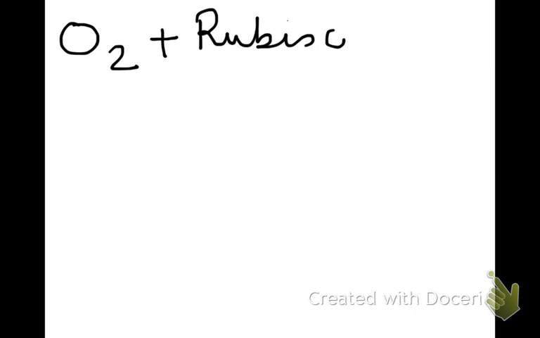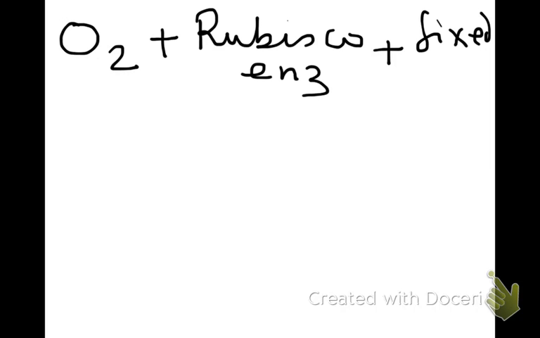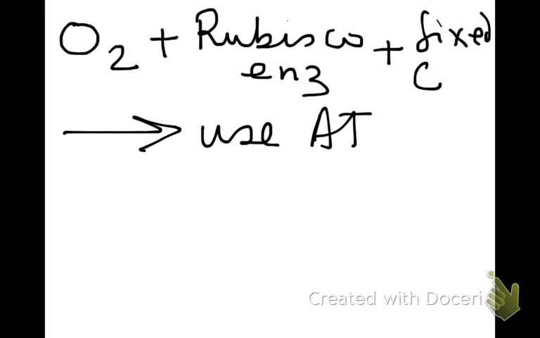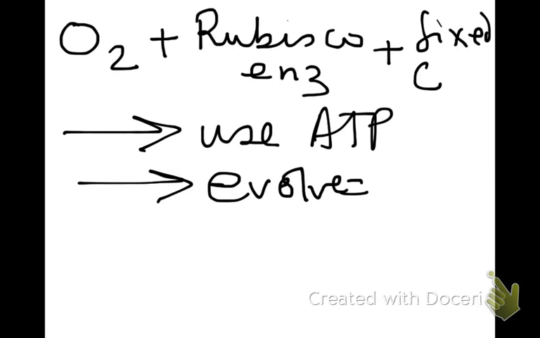There are a lot of things that happen. So what does oxygen do? Oxygen combines with the Rubisco enzyme plus some already fixed carbon, and I make use of ATP, and I just evolve carbon dioxide.